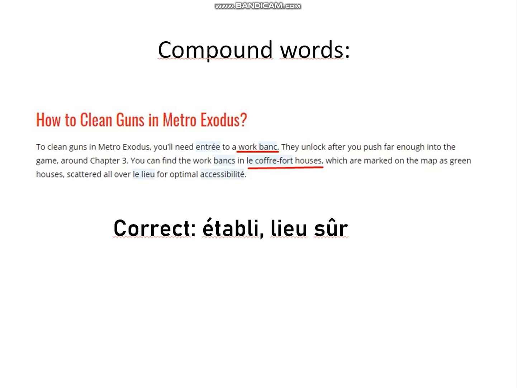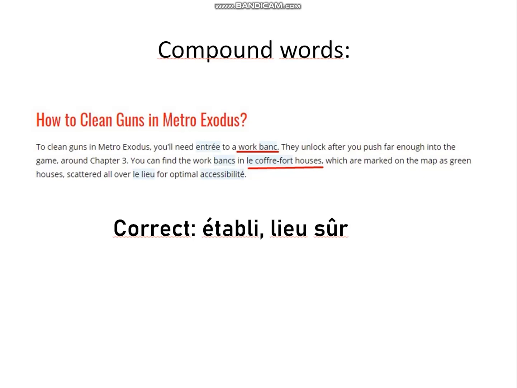And that's not how it works. You can't do it like that, otherwise the translation will be wrong. So workbench should be l'établi, but Toucan separated it into work and bench, and translated just bench, which is banc, and this is wrong.